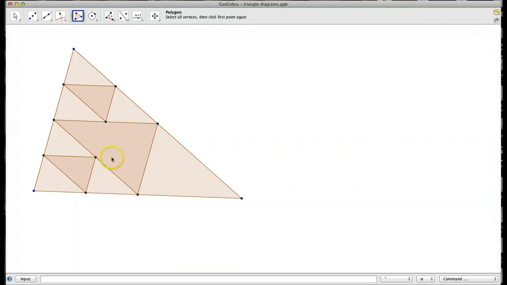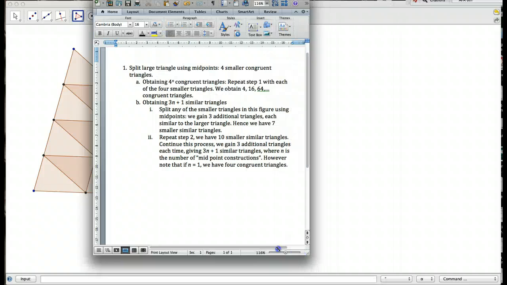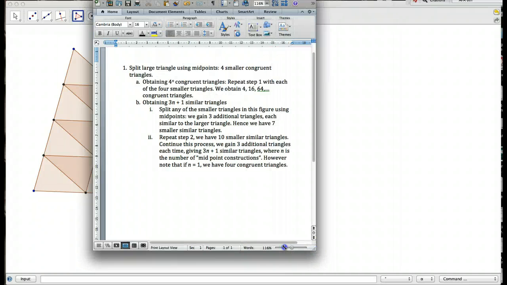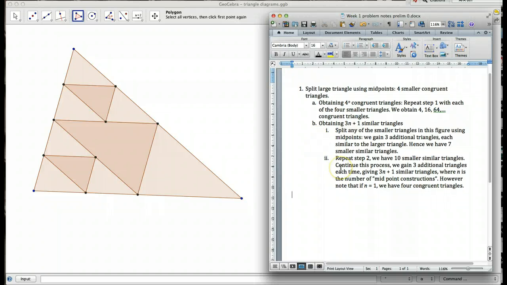Therefore, we can obtain any number of similar triangles from 7 upwards, adding multiples of 3, or in other words, 3n plus 4. And just to write this out, I'll bring up a little Word document. This is something I've prepared before, which shows that we can get 4 to the power n congruent triangles and 3n plus 1 similar triangles where n is greater than 1, because if n is equal to 1 we actually get congruent triangles instead.